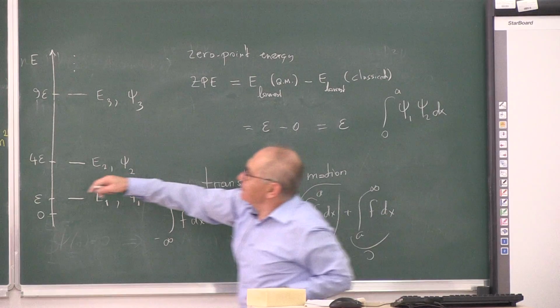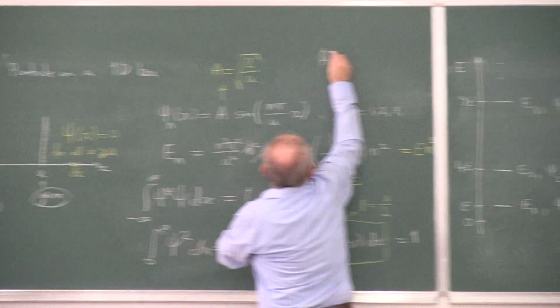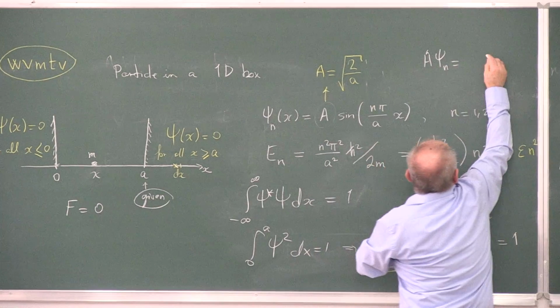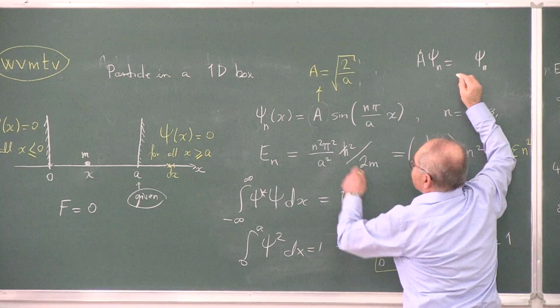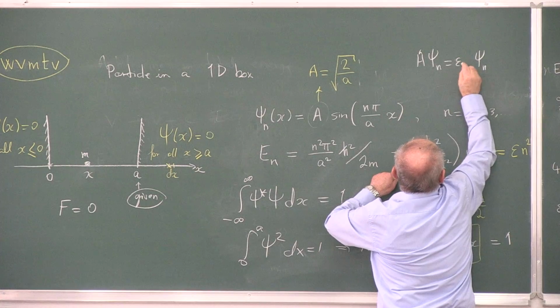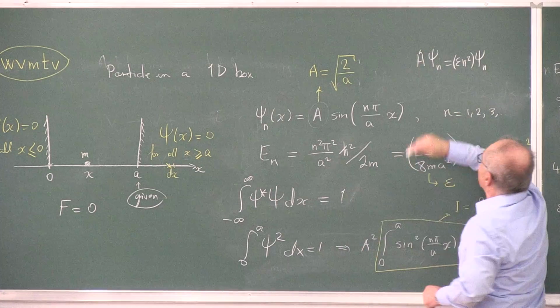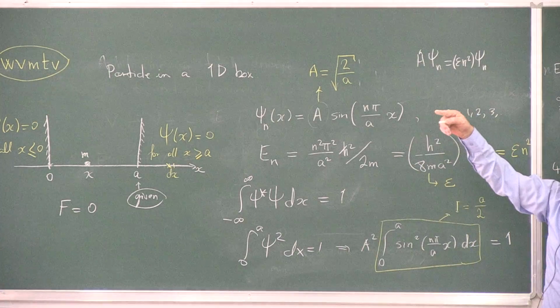Remember, all these functions are eigenfunctions, and the eigenvalues are epsilon n squared, where h is p squared over 2m.